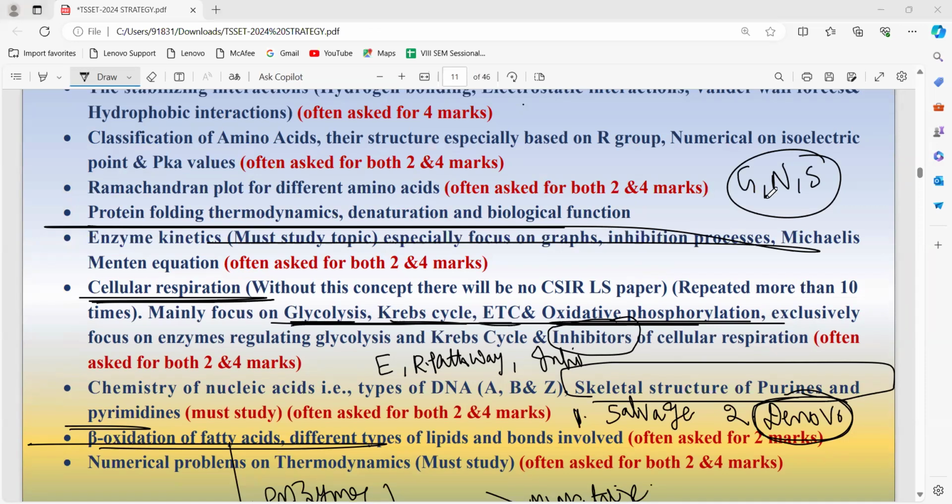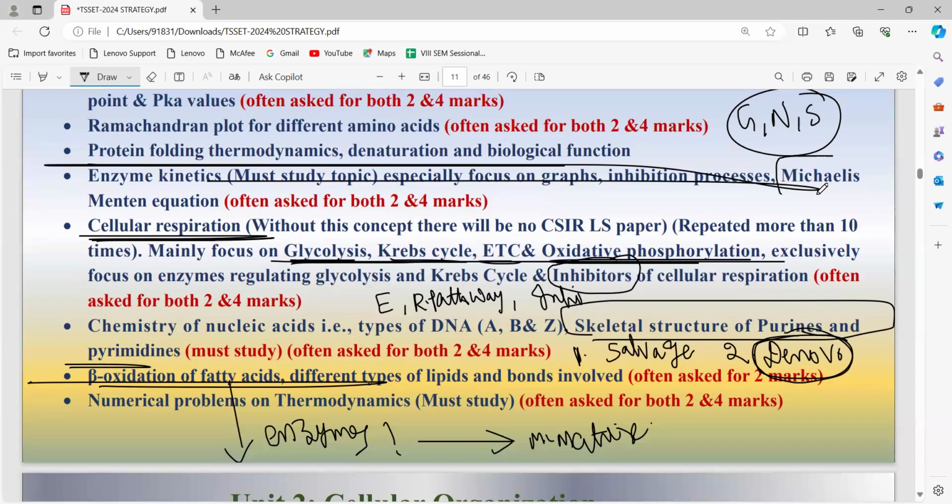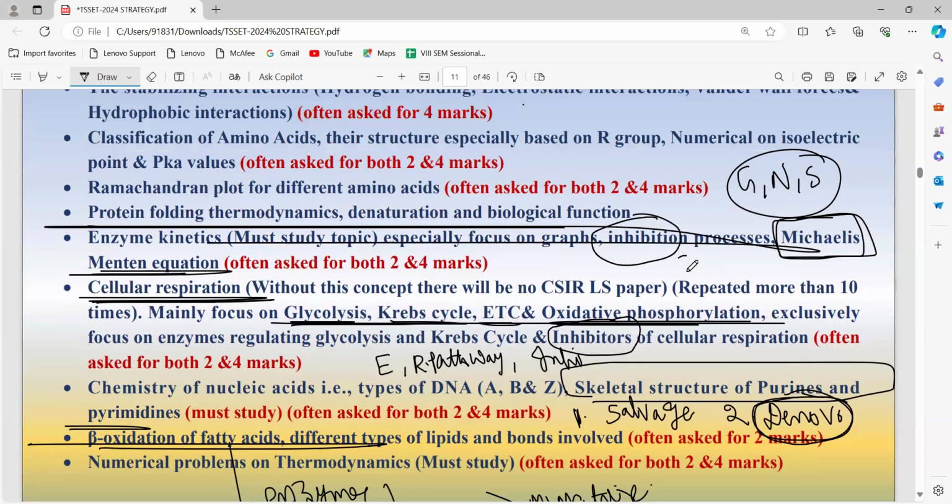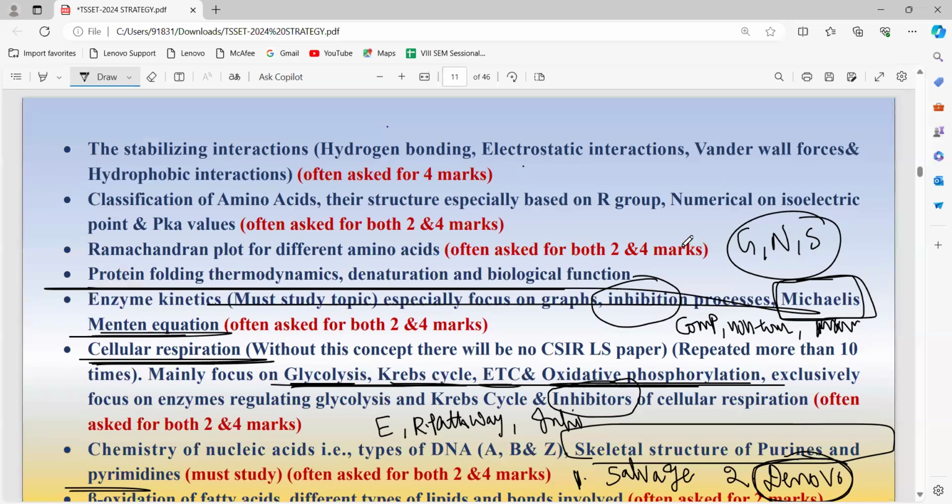And especially, friends, when you are reading enzymes, the most important thing all SET students have to focus on is the Michaelis-Menten equation, as well as the inhibition process, such as competitive inhibition, non-competitive inhibition, and mixed or uncompetitive inhibition. All types of inhibition we have to read with respect to the graphs also.